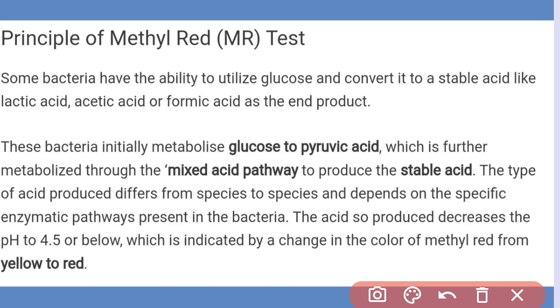The type of acid produced differs from species to species and depends on the specific enzymatic pathway present in a particular bacteria. The acid so produced decreases the pH to 4.5 or below, 4 to 4.5, and this can be indicated by addition of methyl red. After addition of methyl red, its color changes to red.